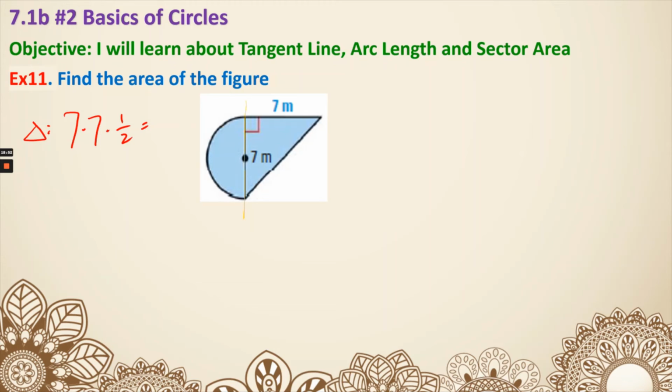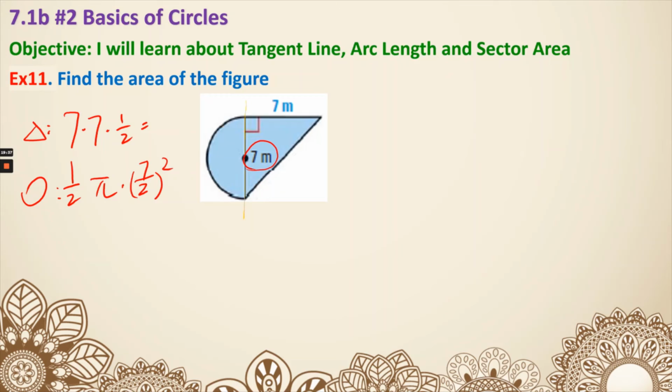And the semicircle, from the figure you can see the 7 right here is the diameter, but we only need half of it. So it's going to be pi times (7/2) squared. And that is not done because it's only a semicircle, so we need to multiply by another 1/2.